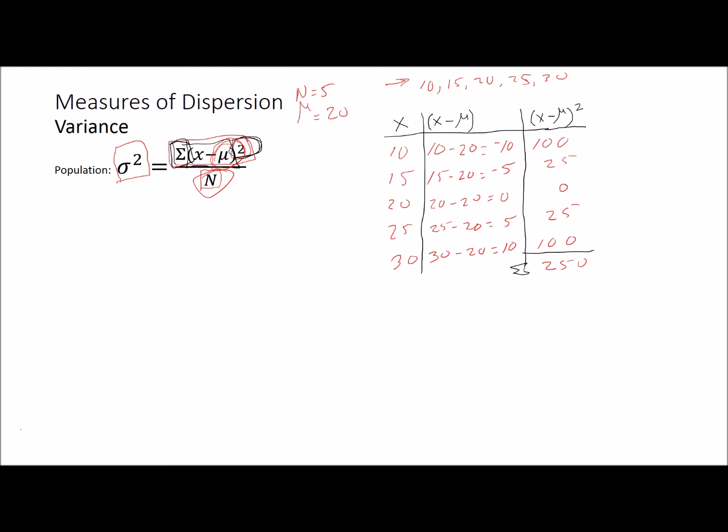So in the formula, if we're writing the formula out here, we have our variance of a population equals the sum of squares, which we now know is 250, divided by, according to the formula, n, which is 5. That would give us the variance equaling 50.